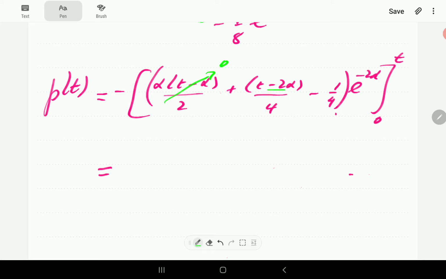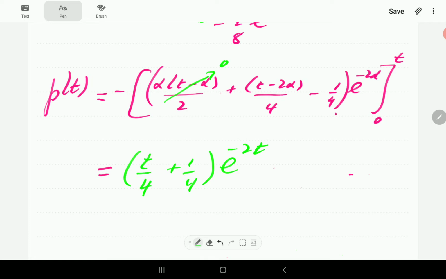But this one is going to be negative t over 4, but we already have a negative here, so that's going to be t over 4. Then of course that one is also 1 over 4, then e to the minus 2t.